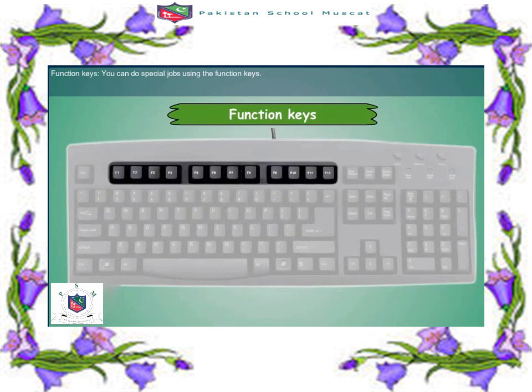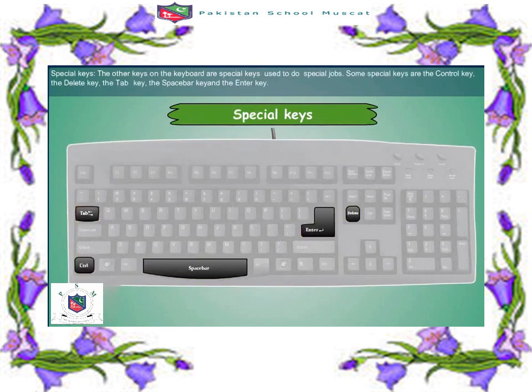You can do special jobs using the function keys. Special keys. The other keys on the keyboard are special keys used to do some special jobs. Some special keys are Control key, Delete key, the Tab key, the Spacebar key and the Enter key.